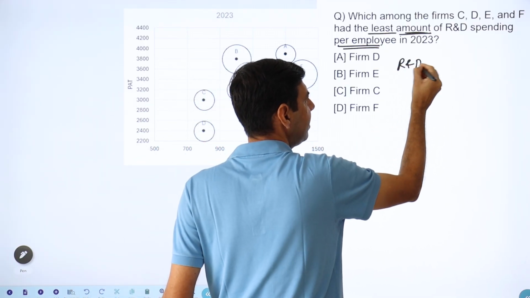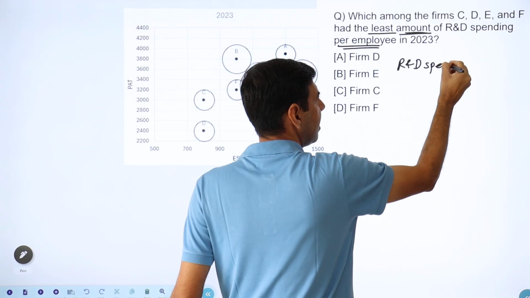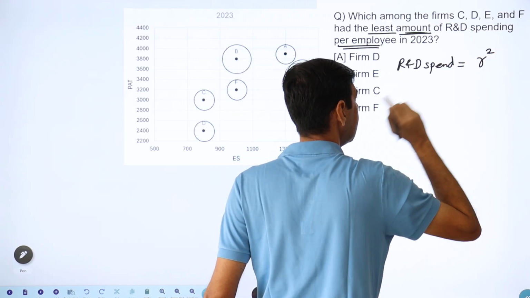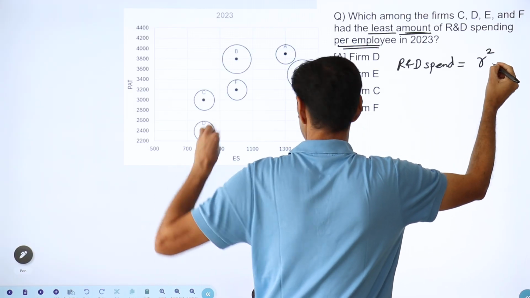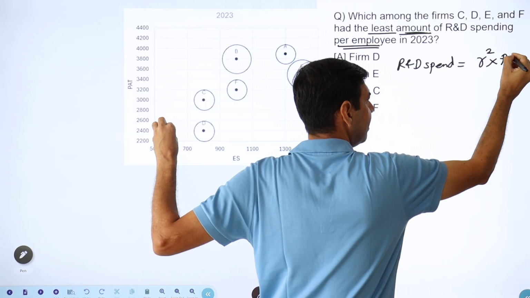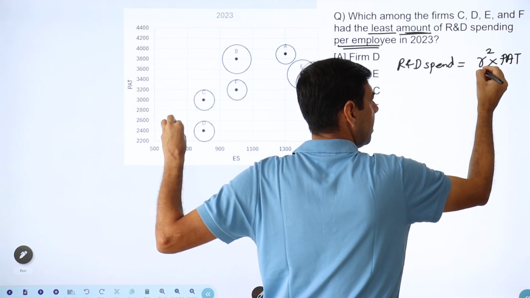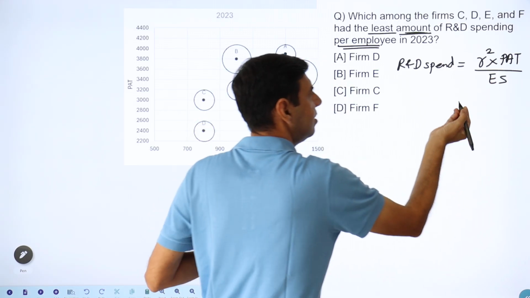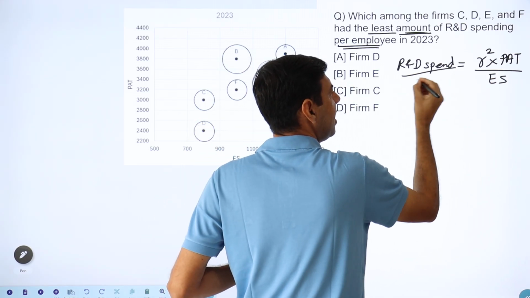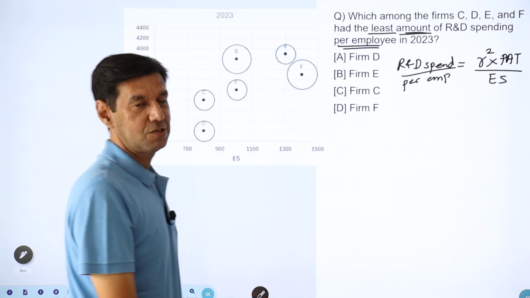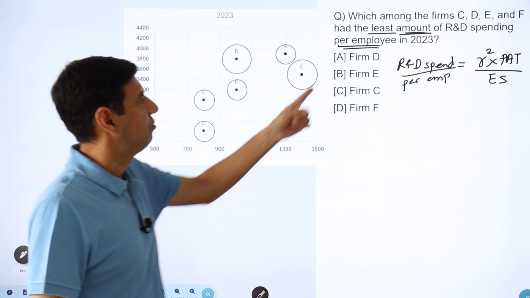R&D spending is nothing but that proportionality we learnt in the first question, R squared, where R is the radius of the circle, this much percentage of the PAT. This is the spend divided by per employee, the employee strength. So R&D spent per employee. We divide it. So this is what we need to do, and we need to find for which it is the least.